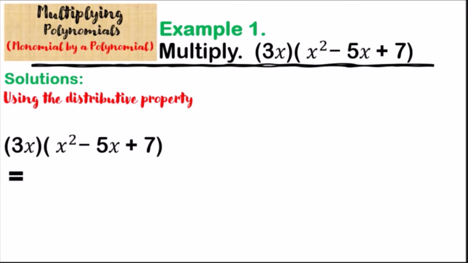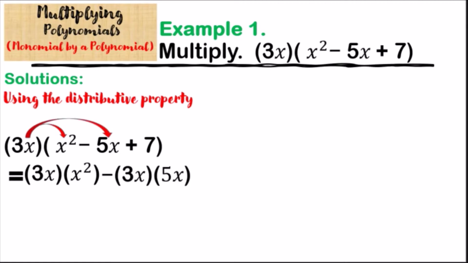By using the distributive property, just simply distribute the monomial to each term of the polynomial. That is 3x times x squared minus 3x times 5x plus 3x times 7.